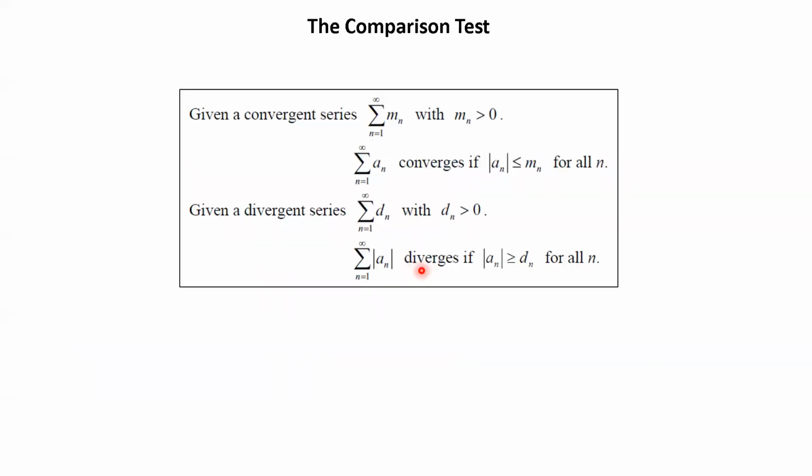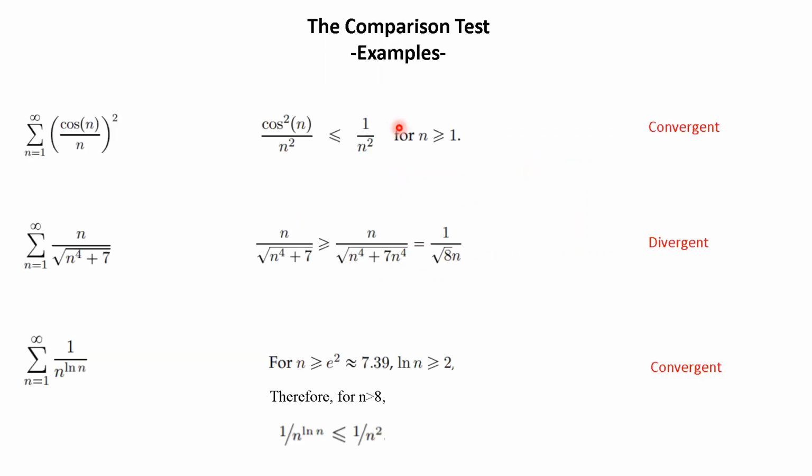But to use this test, as I said, you first need to have a known result for a series. As the first example, we want to test this one. It's not familiar to us, but you are familiar with 1 over n squared.